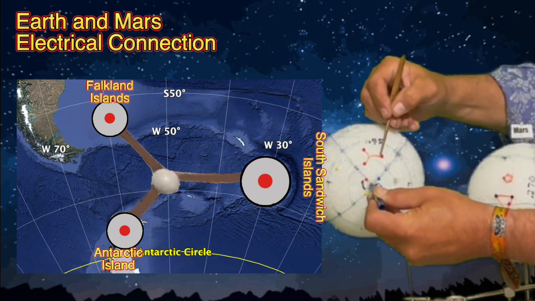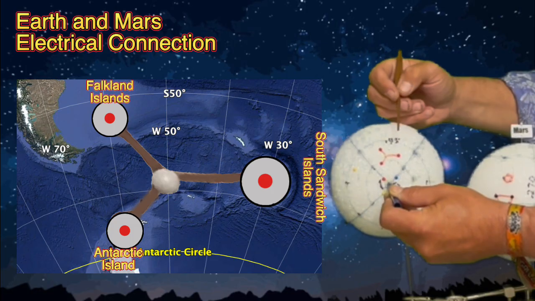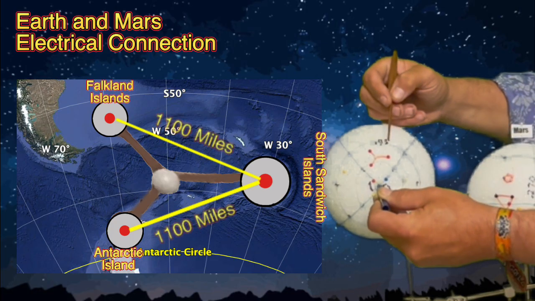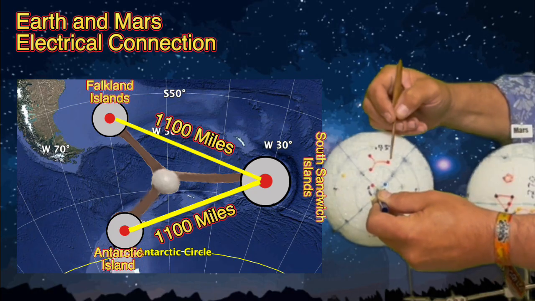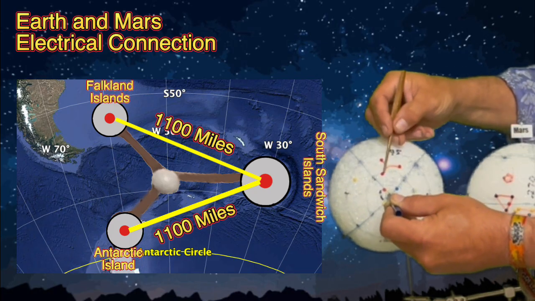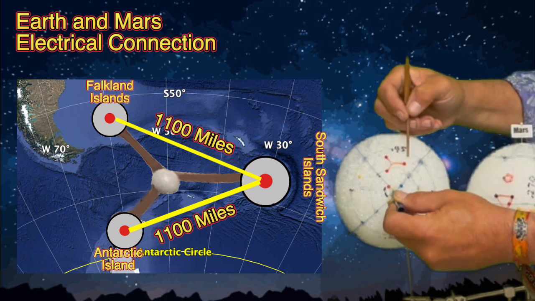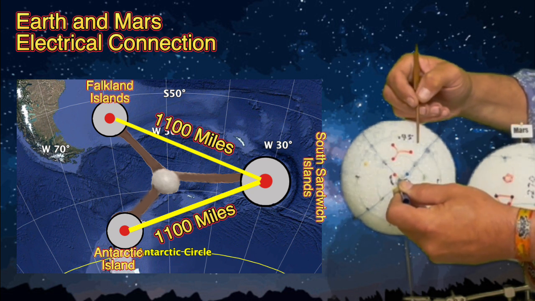And this distance between these two points can be measured. We know what it is, and it's just about 1,100 miles. And if you then create your Y, you can go 1,100 miles this way, and you begin to see how the Y structure occurred on the surface of the Earth.